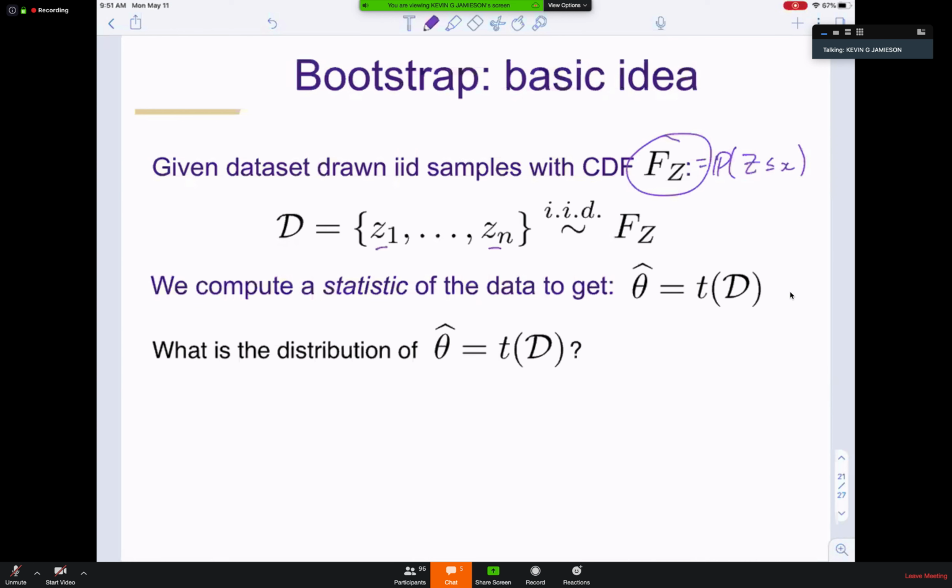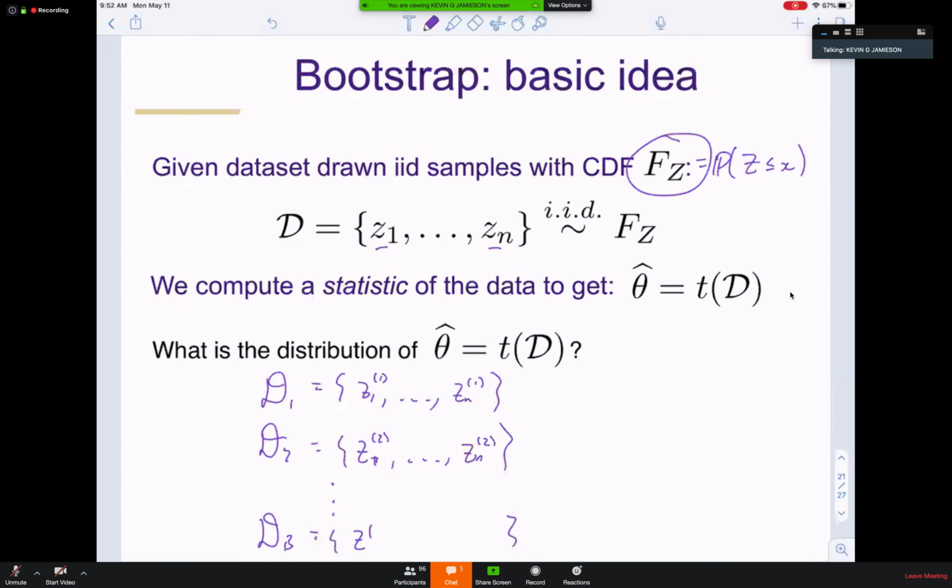Well, I could draw D1, which is Z1 through Zn, and D2, Z1 through Zn, and so on and so forth. I can do this B times. So I get B different data sets.